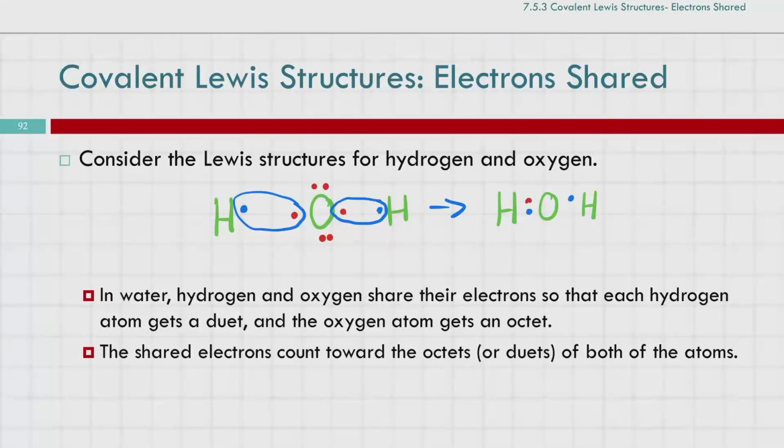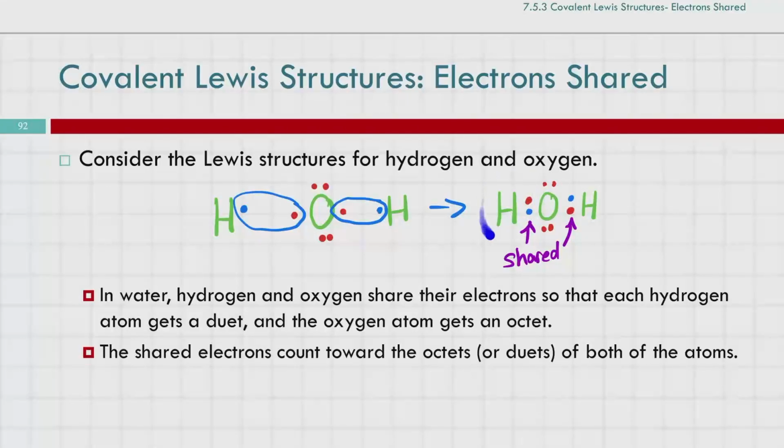And if we just draw them real close to each other, now they're sharing. This is one of the ways that we can represent bonding. So these 2 electrons are shared. These 2 electrons are shared.